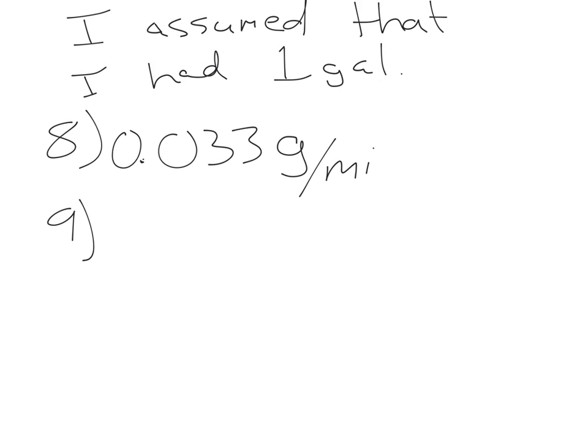But knowing 0.033 gallons per mile is probably more useful if I know how far I have to drive. So let's imagine that I had to drive 100 miles, and I want to know how many gallons of gas that's going to take. I can just take the gallons per mile, multiply it by 100, and then see if my tank is at least that full before I start the trip.